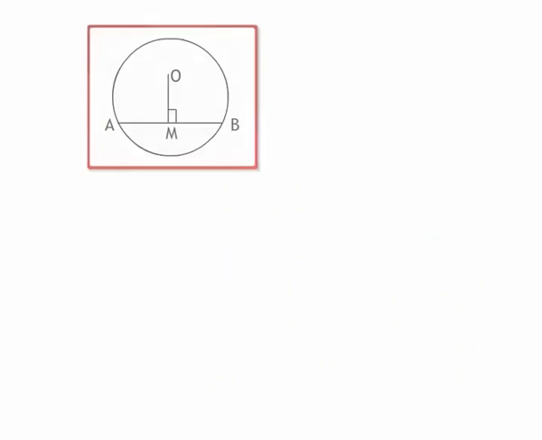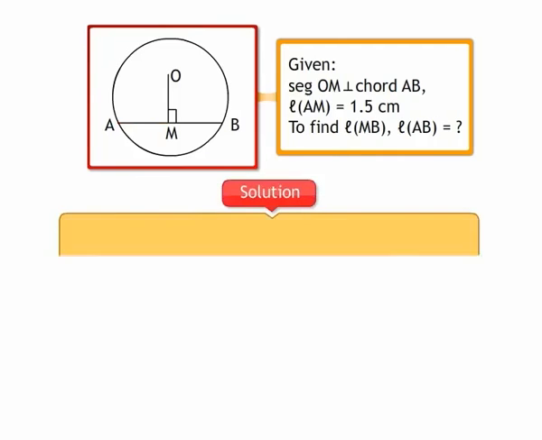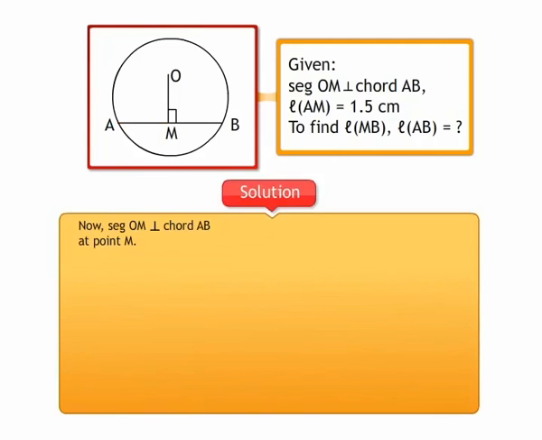Given segment OM is perpendicular to chord AB. Length of segment AM is equal to 1.5 centimeters. Find the length of segment MB and segment AB. Solution. Segment OM is perpendicular to chord AB.